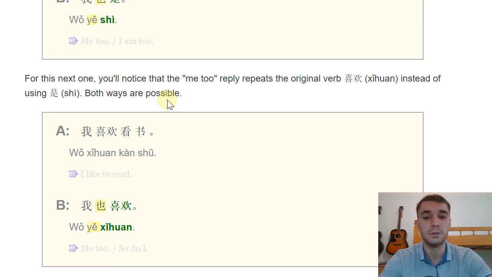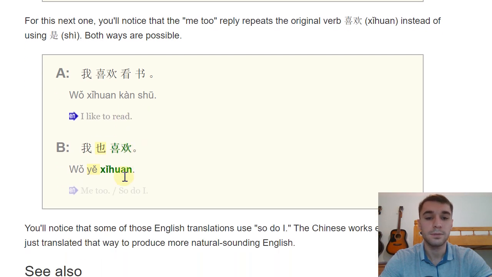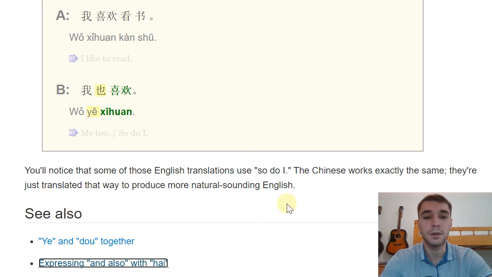Both ways are possible. 我喜欢看书 I like to read. 我也喜欢 I like to read too. Me too. So do I. 我也喜欢. That's how we answer this kind of sentences. You'll notice that some of those English translations use so do I. The Chinese is exactly the same. They are just translated this way to produce more natural sounding English.